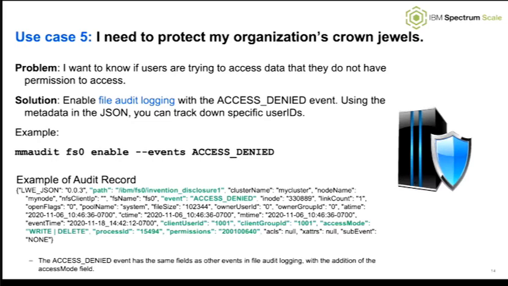In this scenario, you receive an alert that user 1001 has attempted to write or delete the file. You also have information on there like the event time, and also the permissions that were set on the file and the process ID of whoever tried to access that file.